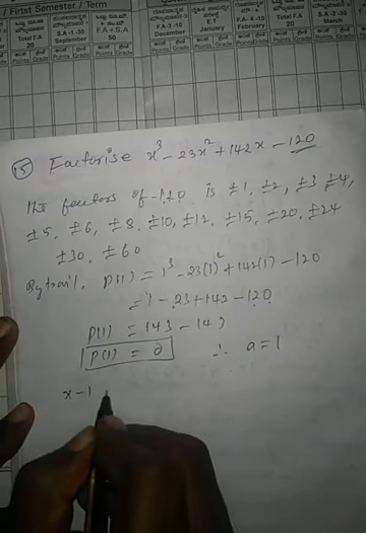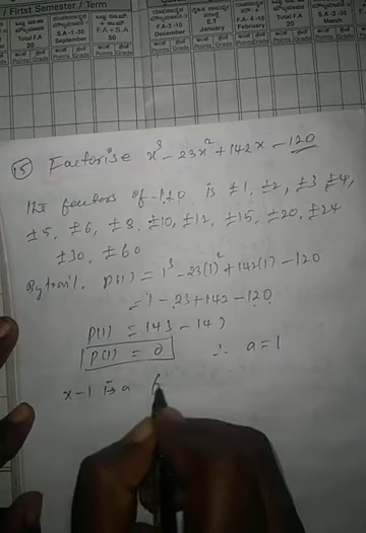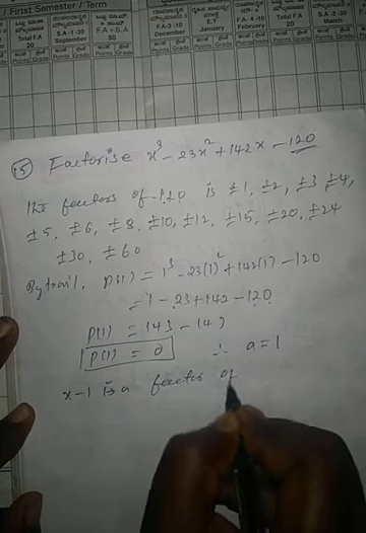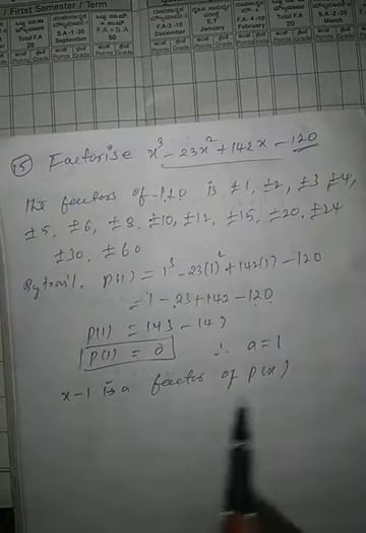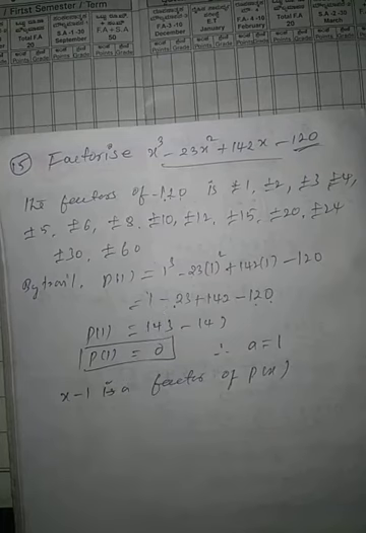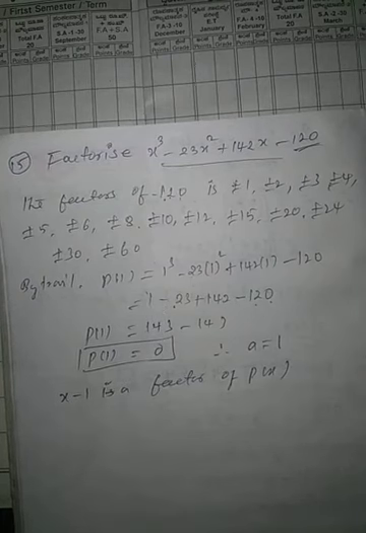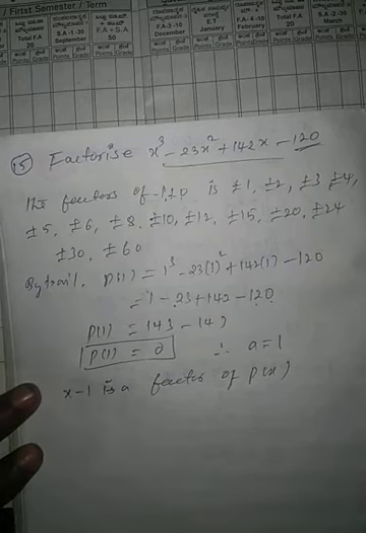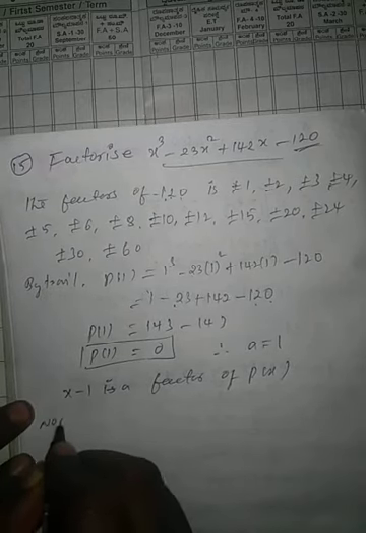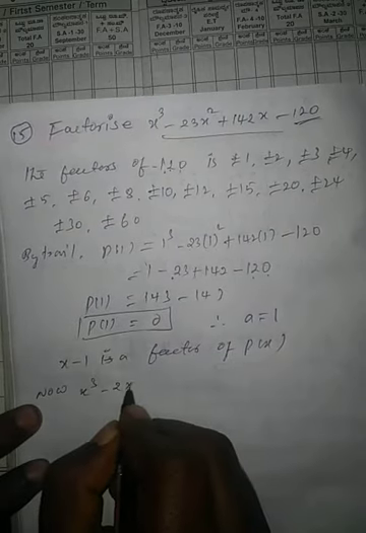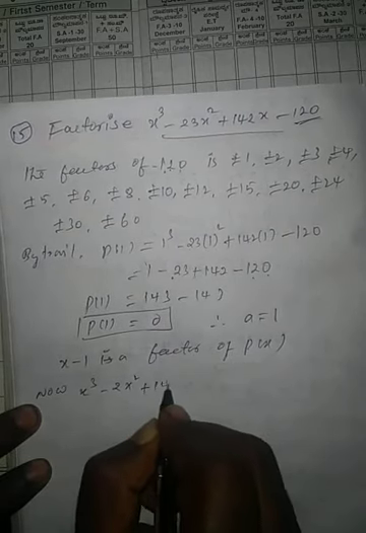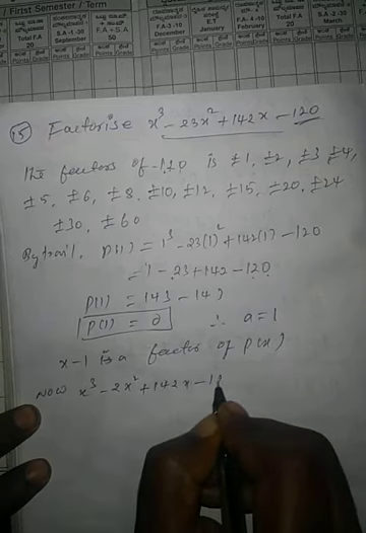Therefore a is equal to 1. Then x minus 1 is a factor of p of x. This is the p of x. So first one, that is plus 1, is a factor of p of x. Now see, x cube minus 23x squared plus 142x minus 120.